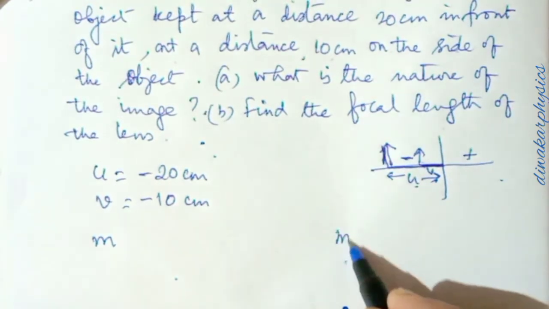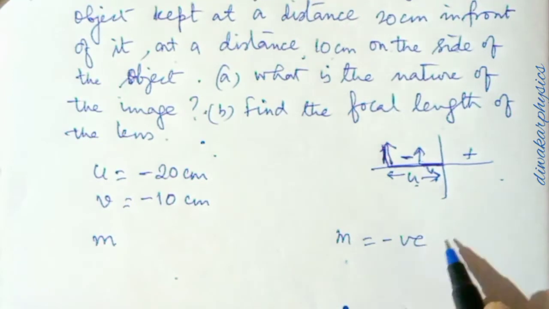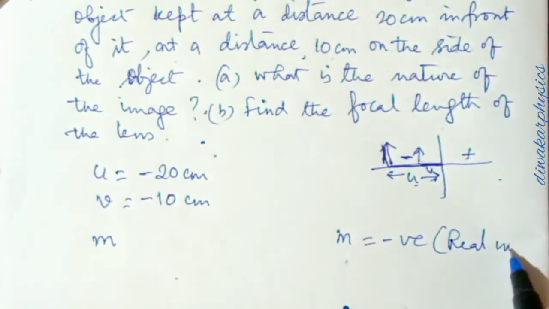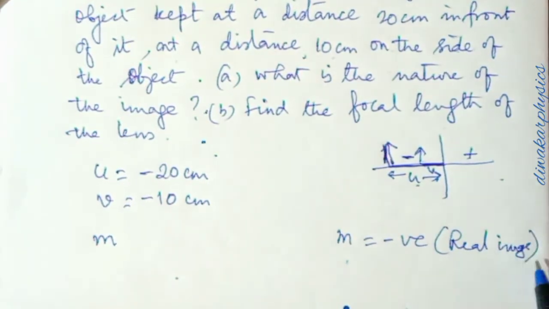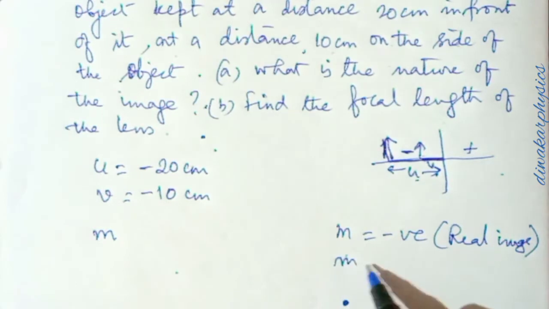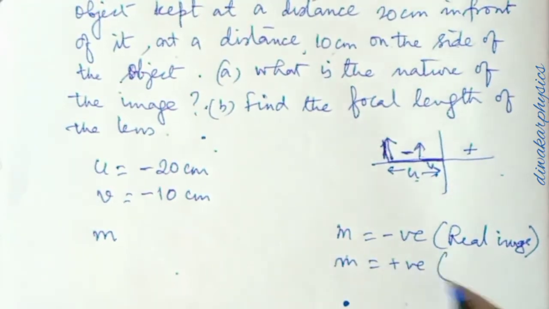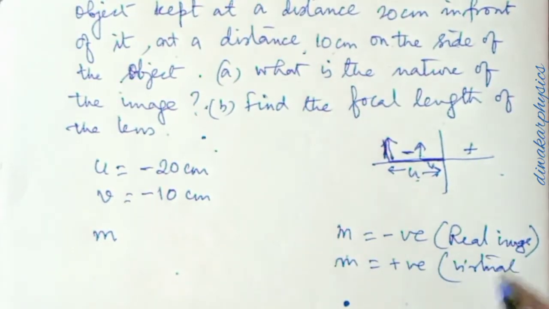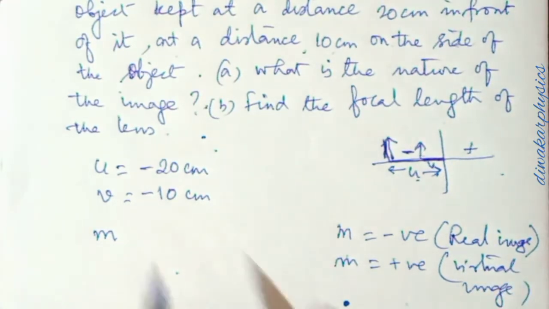For your revision, m is negative for a real image. You can watch my video on sign convention that I have made separately. And m is positive for a virtual image. So that's why you have to find m.